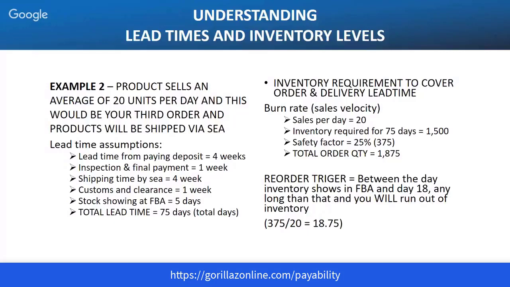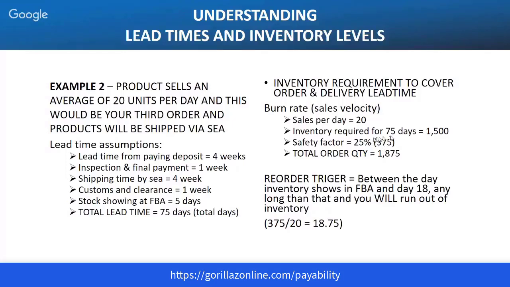Right. Inventory required to cover order and delivery time. Now, the burn rate, or sales velocity, don't forget, I'm talking about sales per day. We're now talking about 20 units a day. So we've picked up our sales. Sales are doing nicely. We're going from 5, 10, 15. We're now at 20 units a day.